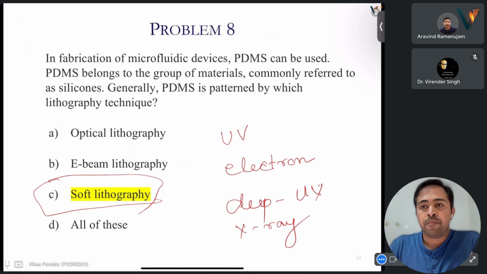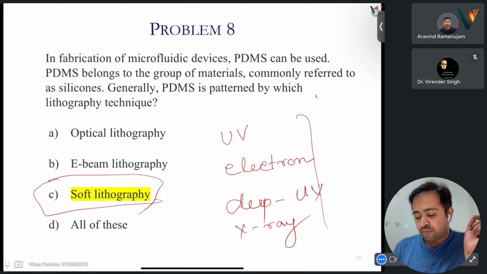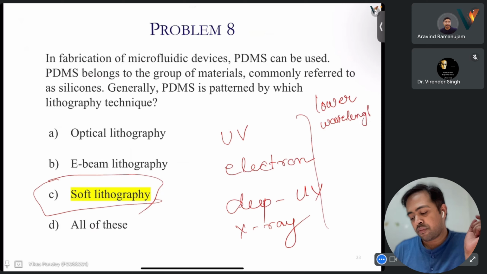Which is better? In all these cases, just remember that the one with the lower wavelength has better resolution.